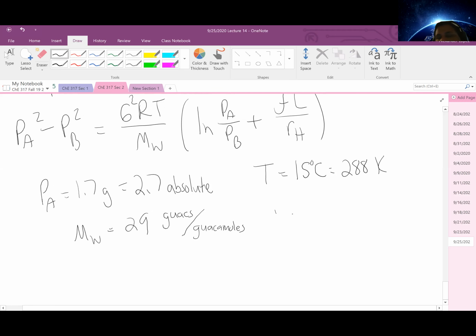R for this system, what do we got? Atmospheres. So I'm going to use probably 0.08205 cubic meters atmospheres per kilomole Kelvin.